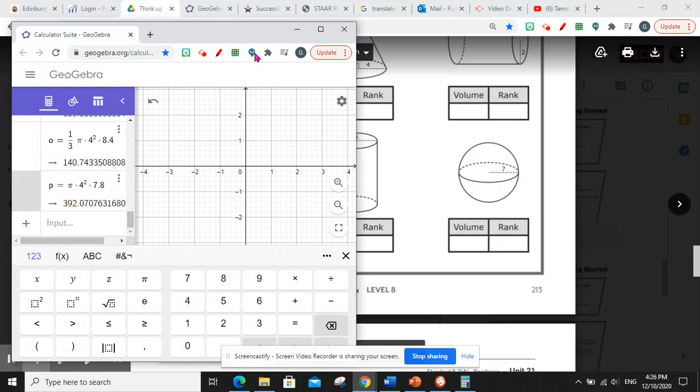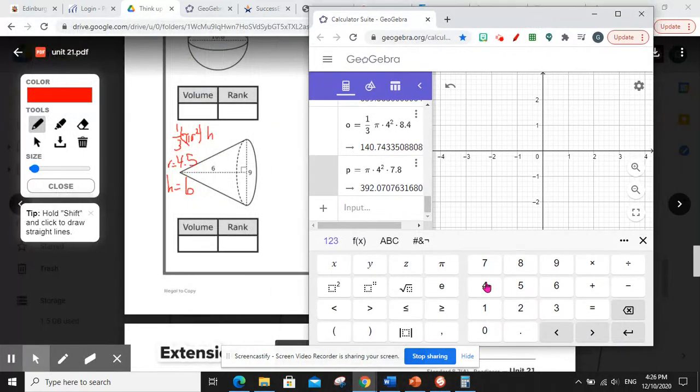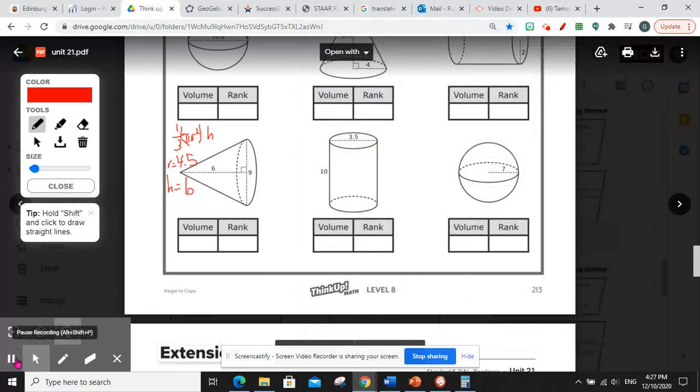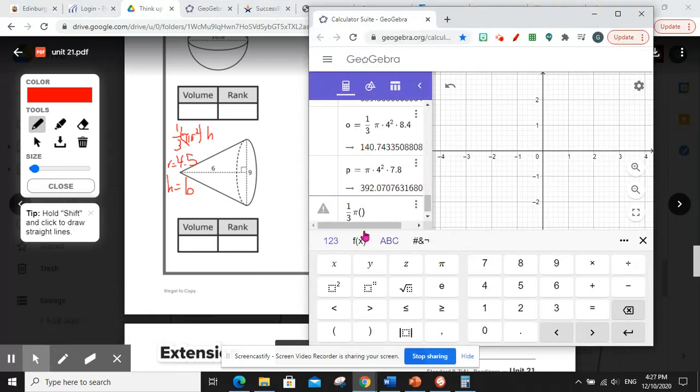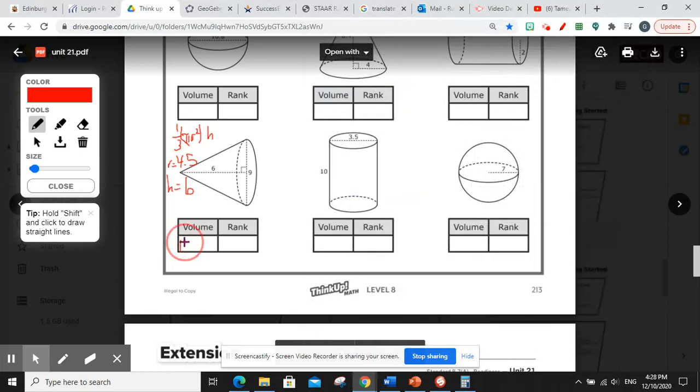So I'm going to go ahead and just start plugging this into the calculator. So I have 1/3 because it's a cone, arrow out, pi, parentheses. So 1/3 pi, and then my radius was 4.5. Remember, it's squared, arrow out, times my height, which was 6. So my volume is 127.234. If it's 4 or less, let it rest. So it's going to stay at 0.23. So 127.23.